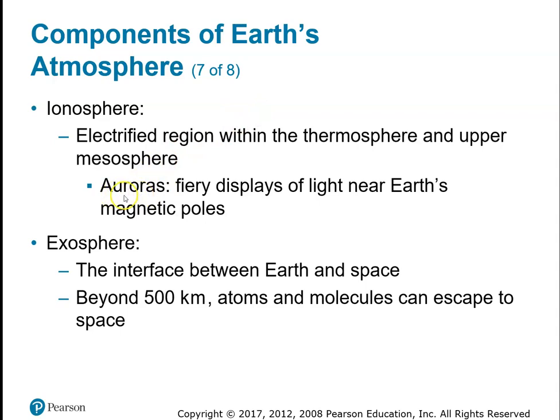Sometimes it's called the aurora borealis. That's the ones that happen in the northern hemisphere, above the North Pole. And then there's the aurora australis near the South Pole. And so these are just shimmering lights that happen just because charged particles are hitting the upper atmosphere.